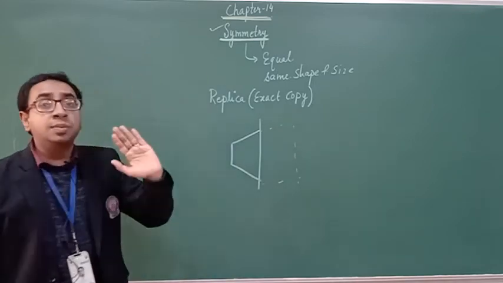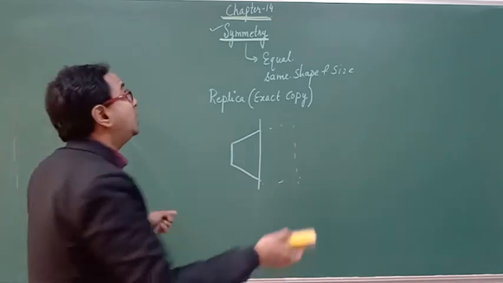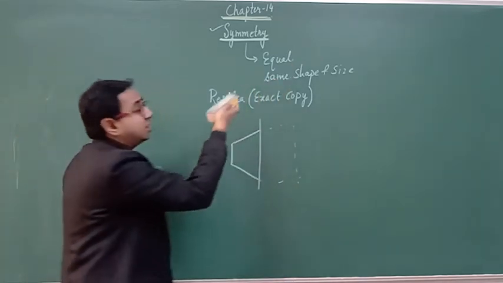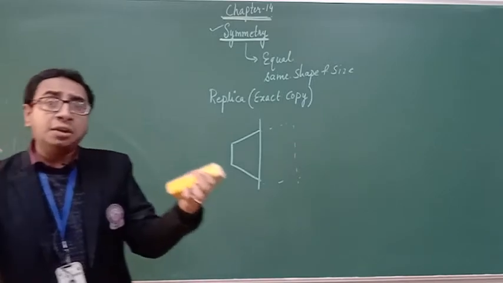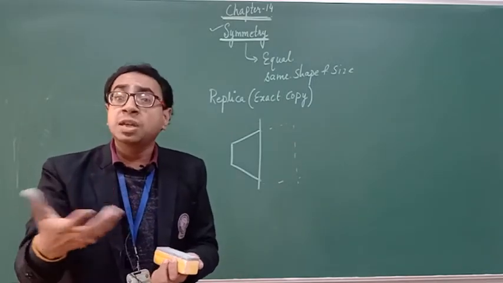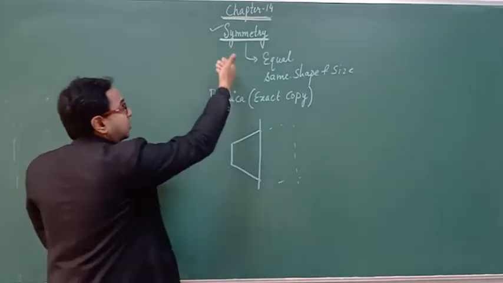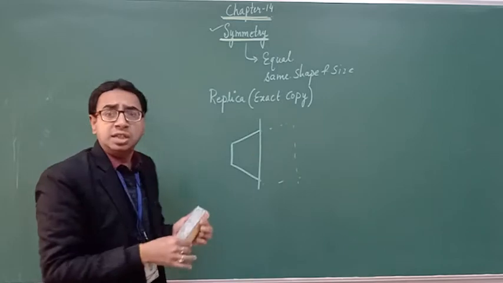First of all, symmetry. What do you mean by symmetry? Normally I have written that symmetry means, in your mind, equal. Symmetry means same shape and size. Symmetry means replica. Exactly, that is the synonym of this. Symmetrical in nature.